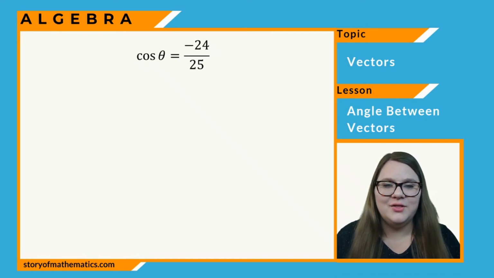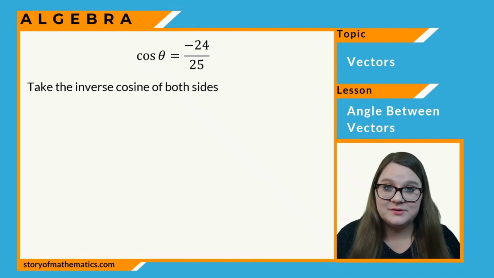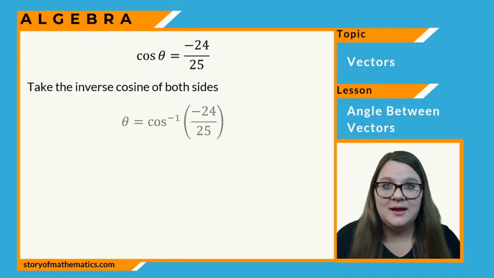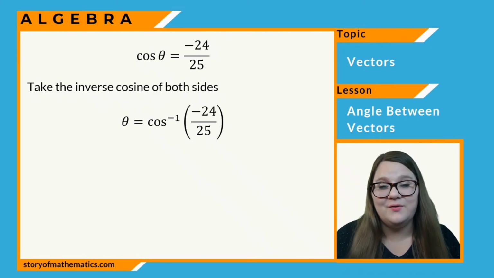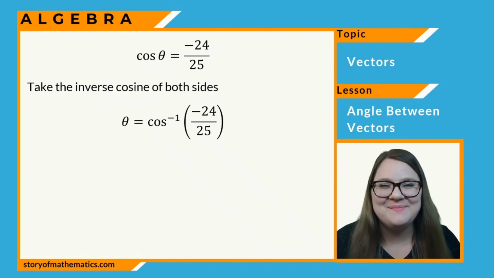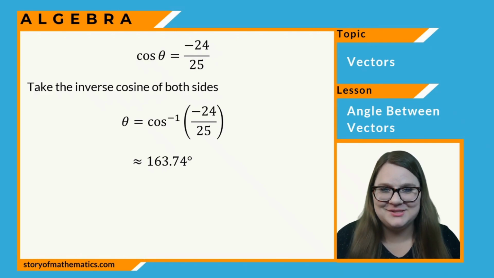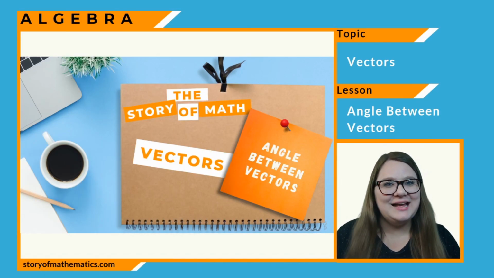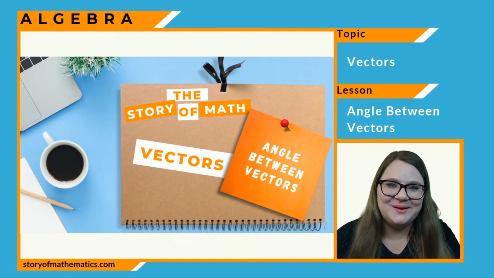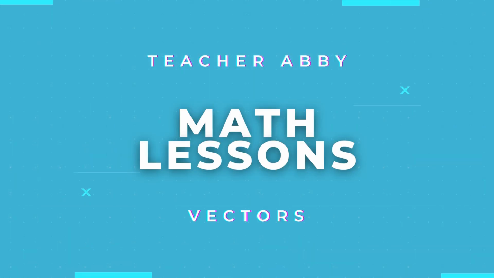To get my angle, the last step I need to do is take the inverse cosine of both sides. Then my theta is inverse cosine of -24 over 25, which when I plug that in my calculator and make sure that I'm in degree mode, I get that my angle is approximately 163.74 degrees. And that is how you calculate the angle between vectors.